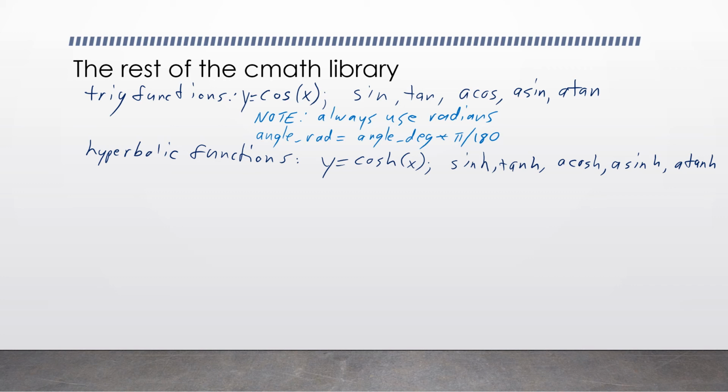Okay. We also have exponentials and logs. So y equals e to the x becomes y equals exp of x. If you want to get just the constant e, you can put exp of 1.0.